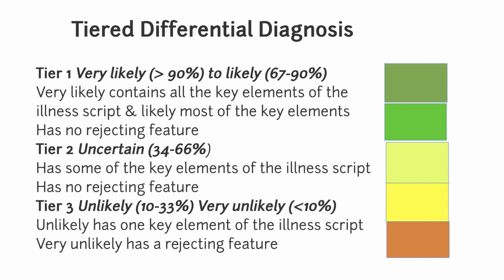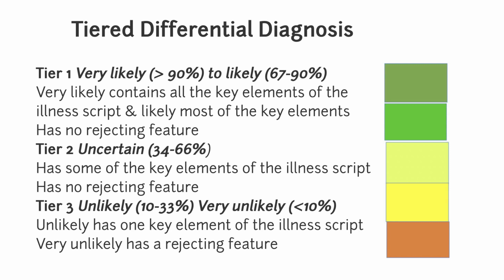After creating an illness script, our students are encouraged to create a tiered differential to assess the pretest probability of different diagnostic possibilities. If a disease has all or most of the key elements in the illness script, this diagnosis is placed in Tier 1, being deemed to have a pretest probability of 67 to over 90%.